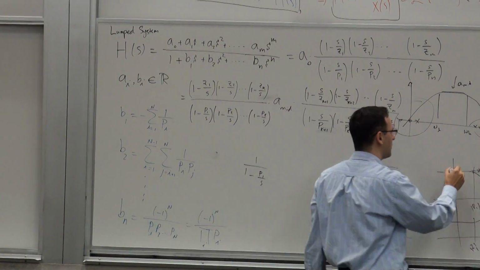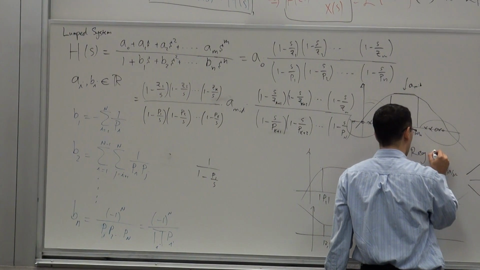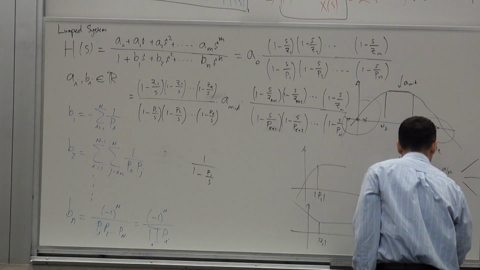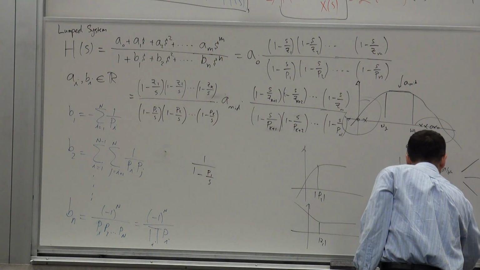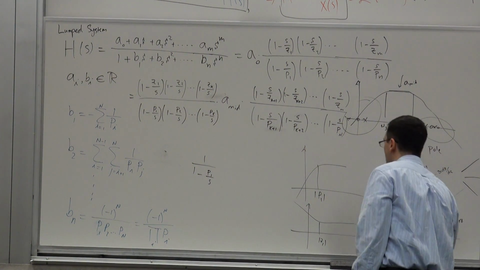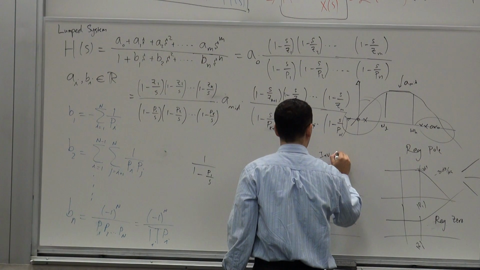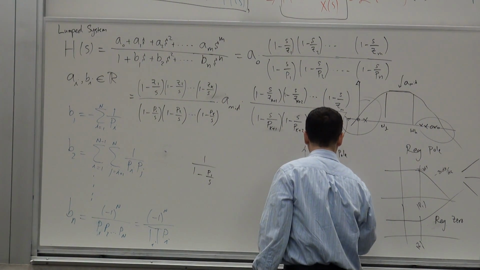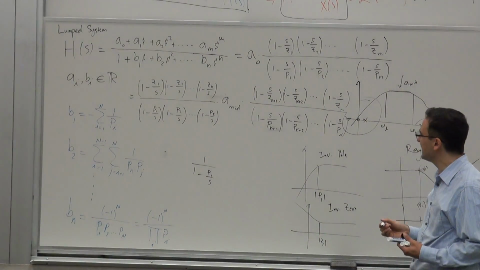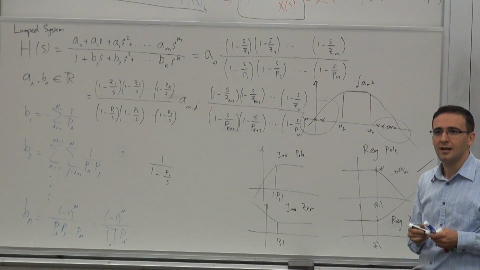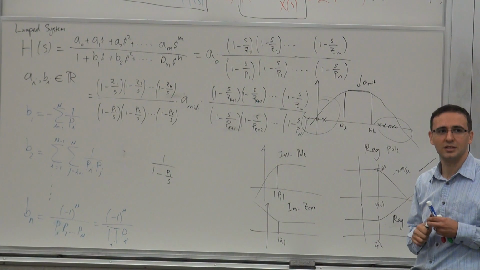So this is a regular pole. This is an inverse pole. A regular zero. This is an inverse pole and an inverse zero. Now, what is an inverse pole in terms of real poles and real zeros?